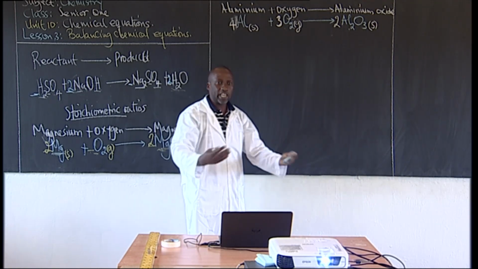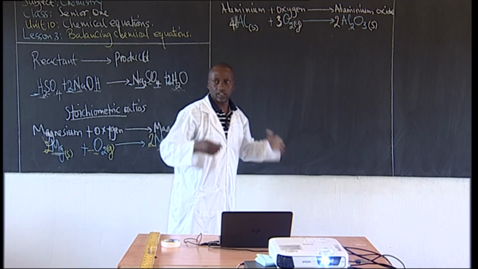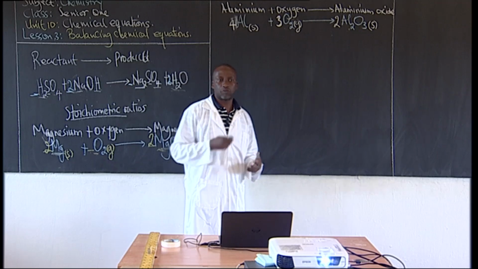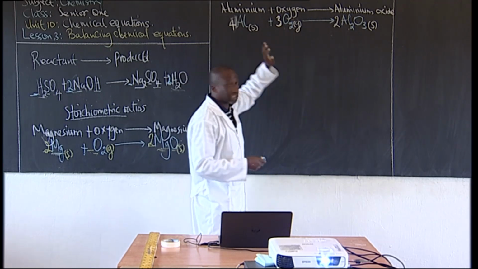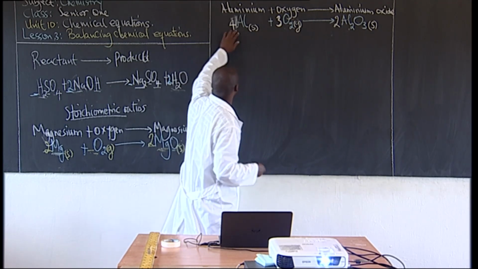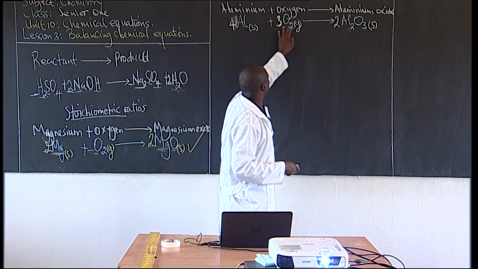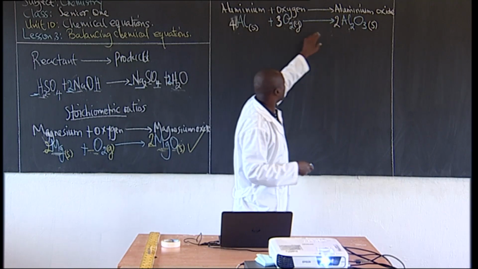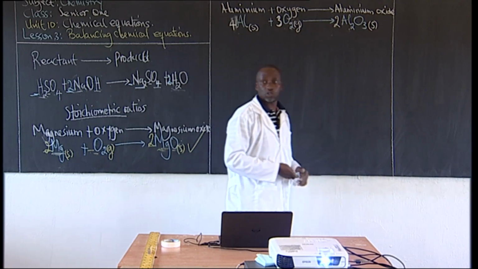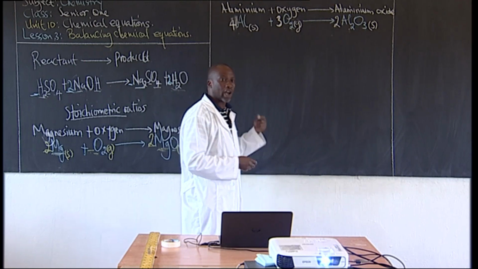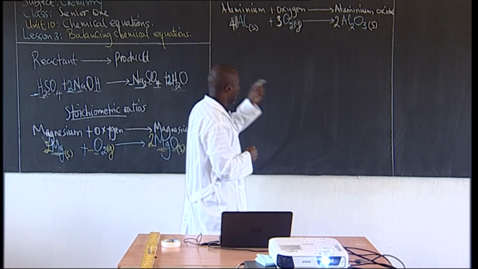Then you counter-check again. Check the number of atoms. You have to make sure you make those checks from time to time to make sure that your equation is balancing. These are 4. These are 4. These are 3 times 2. Those are 6. 2 times 3. Those are 6. So you need to make sure that the reactions are balancing.